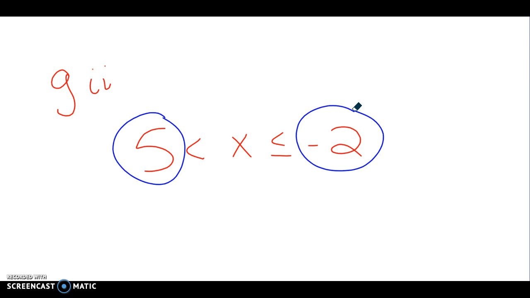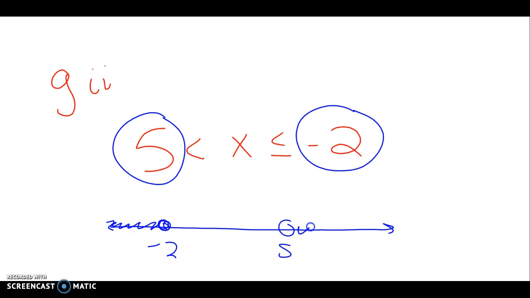And if you were to shade this on a number line, it starts out with less than or equal to negative 2 to the left, and greater than 5 is to the right. If that's two separate sections, can I combine them into one inequality with x in the middle? No, that's our or statement. Remember that from earlier this year? This or that, it needs to be two separate inequalities. So G2 is a false statement.